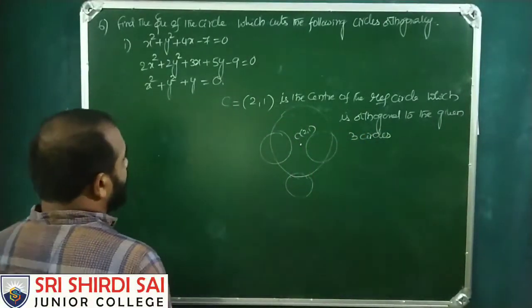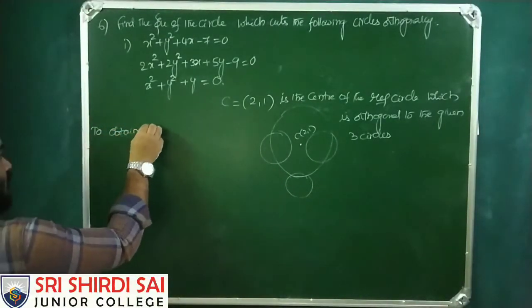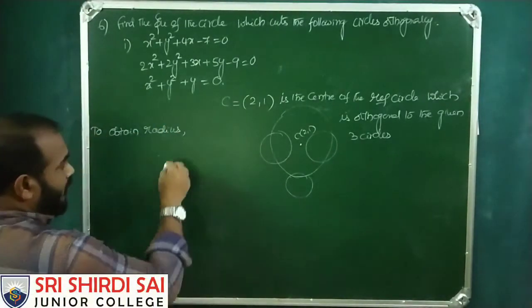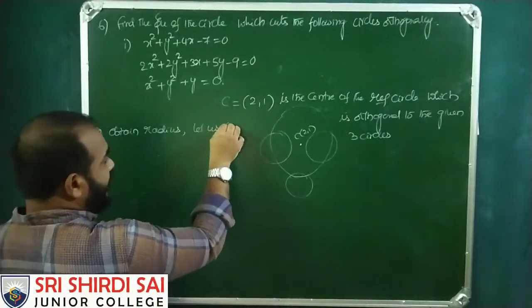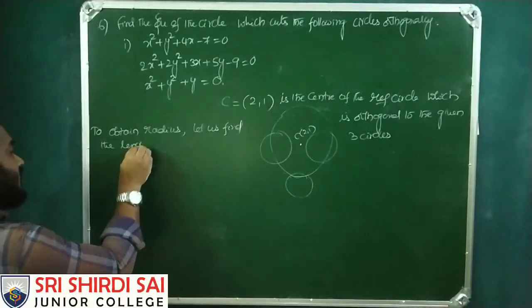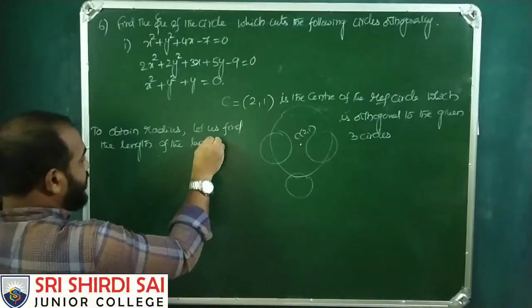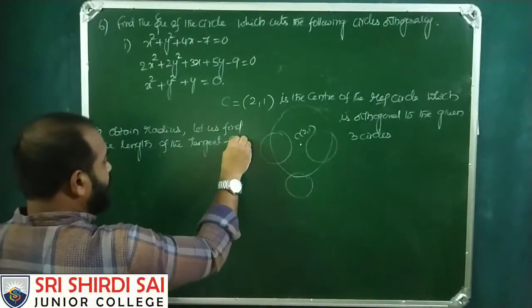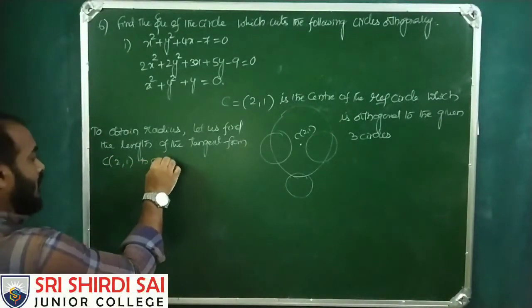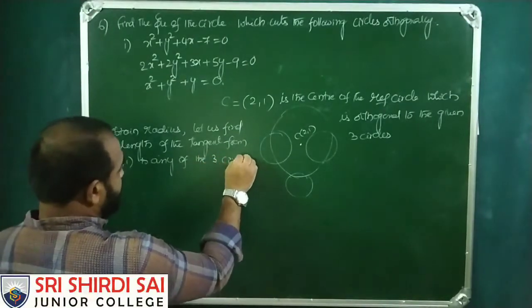Now to obtain the radius, let us find the length of the tangent from C (2, 1) to any of the 3 circles.